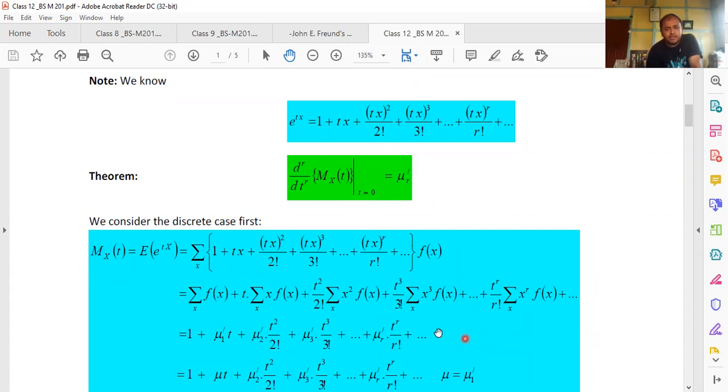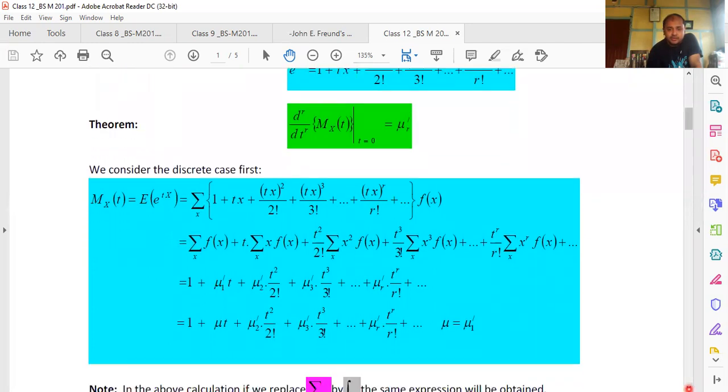Now let us elaborate the moment generating function in the discrete case a little bit. We already know that M_X(t) is given by this formula. We have substituted the series in place of e to the power tx already. And now I'm operating the summation on each of these individual terms. Now look at the terms.